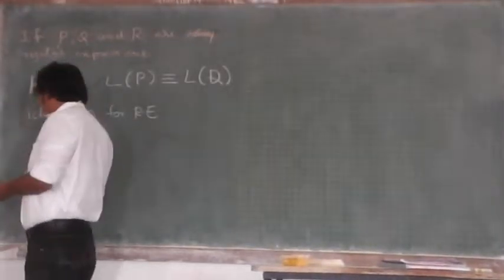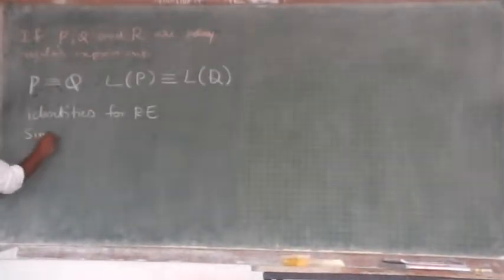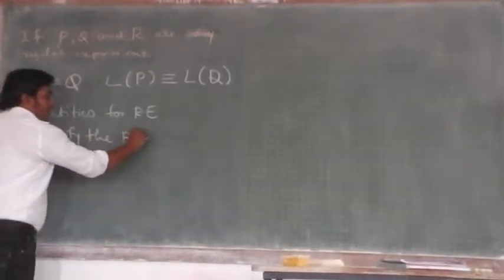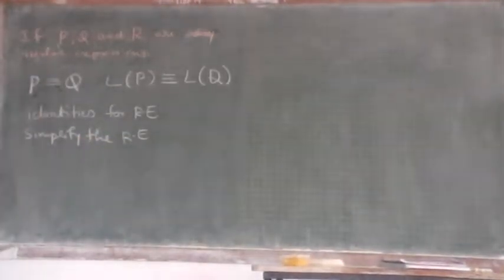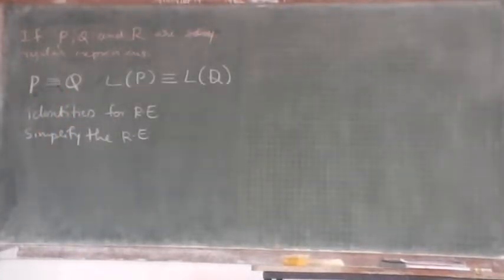By using these formulas, you will be able to simplify the regular expression. If a regular expression is given to you and you are asked to simplify it, then you will need some formulas which help you bring that regular expression into a simplified form. Okay? So one by one we will see that.